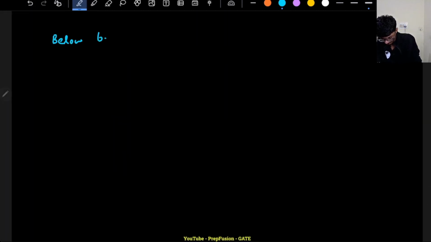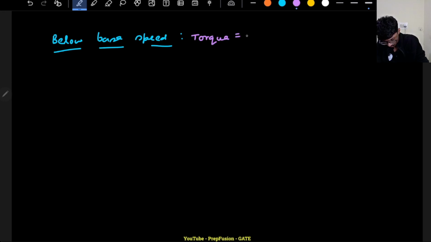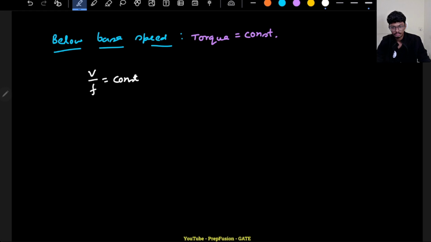So the torque is constant, then what will happen? Then I know V by F is constant.